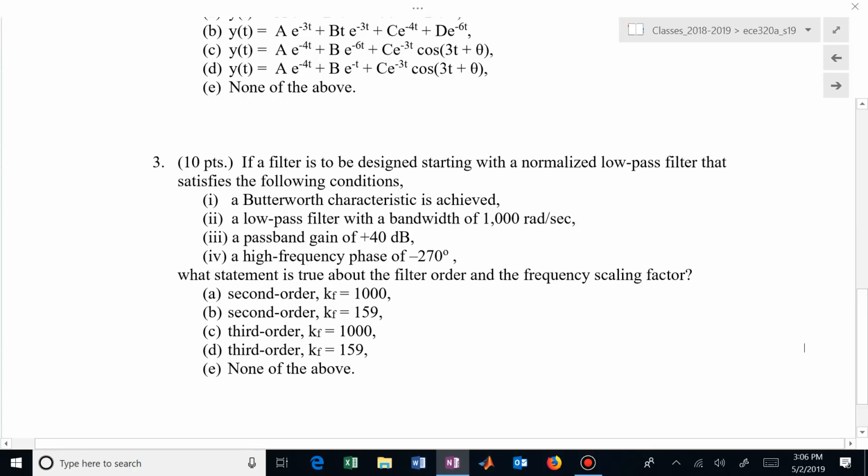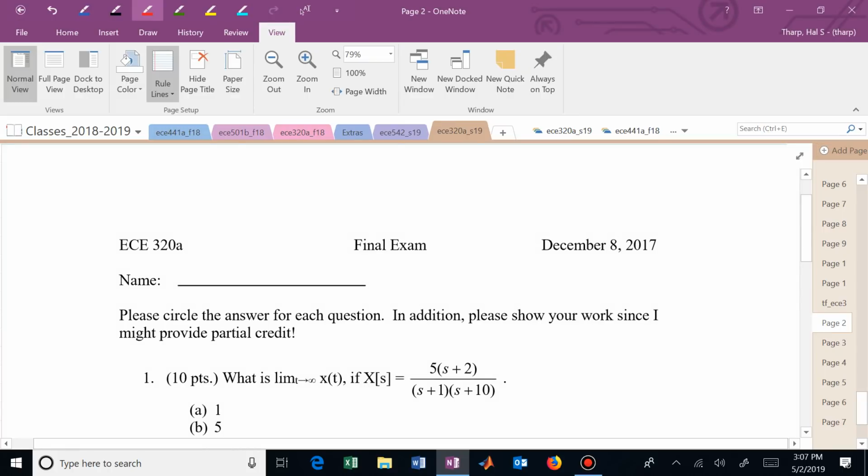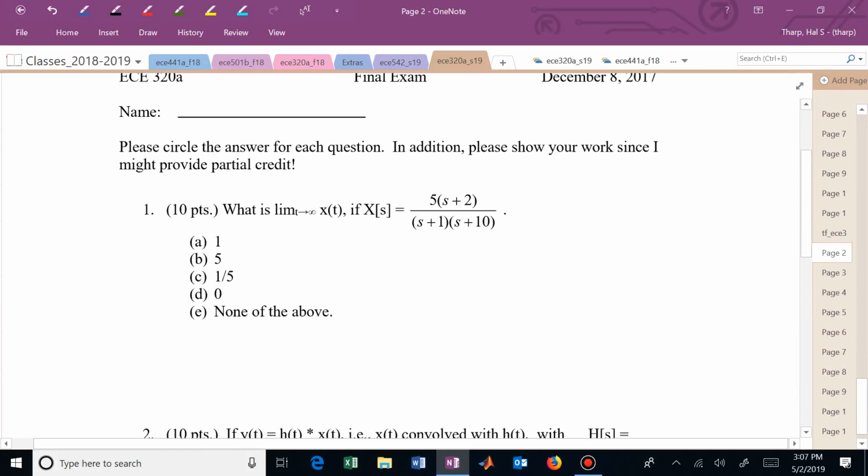The first one, the Butterworth characteristic, really doesn't tell us anything about the order. The order can be anything we want with a Butterworth. The second one, we want a low-pass filter with a bandwidth of 1,000 radians per second. That actually tells us something about the frequency scaling. The normalized Butterworth filters that we have available to us have a cutoff frequency of omega sub 1 equal to 1 radian per second.